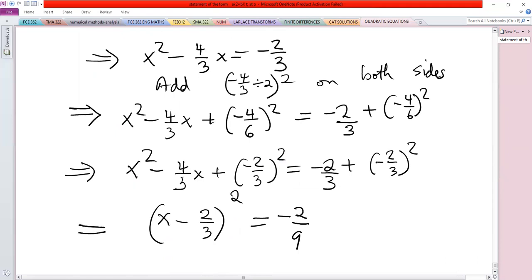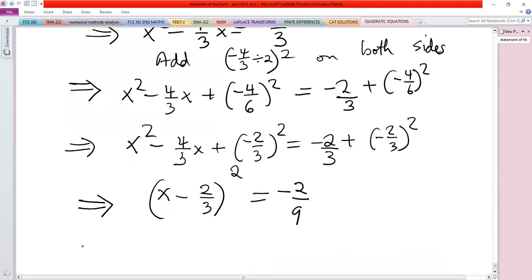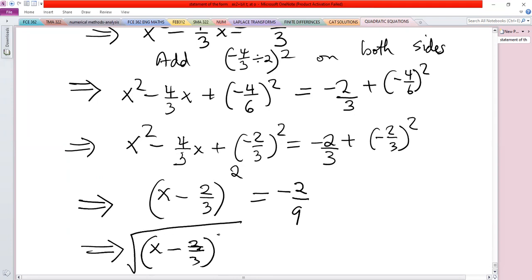So this implies that x minus 2 over 3, taking the square root, equals the square root of minus 2 over 9.